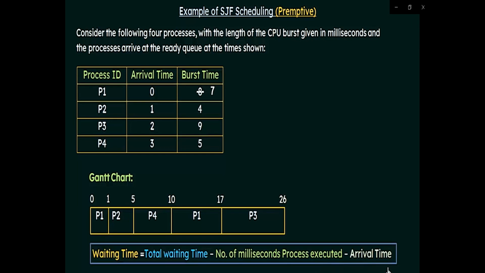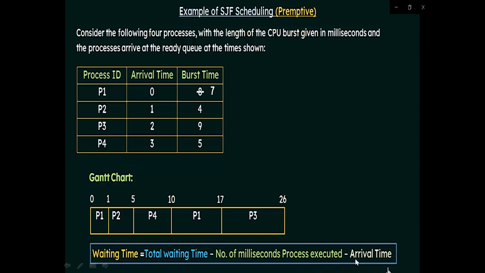Next we have to calculate the waiting time. The formula for calculating waiting time in the case of preemption is: waiting time is equal to total waiting time minus number of milliseconds the process executed minus arrival time.